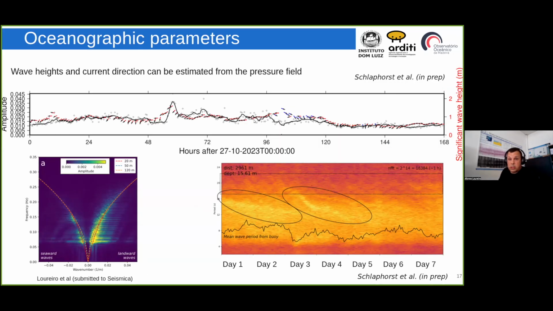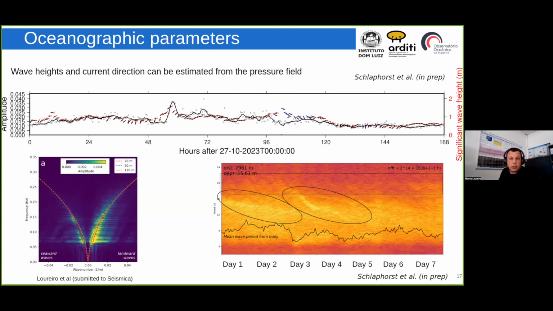We can also use DAS to complement information from single sensors. In this case, we have a buoy that's anchored in a specific place, and it's recording wave heights and wave directions, but it's a single point in a very large basin. And we can process one bay to infer sea state only from the pressure signals near the coast.